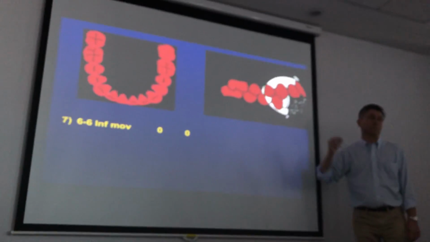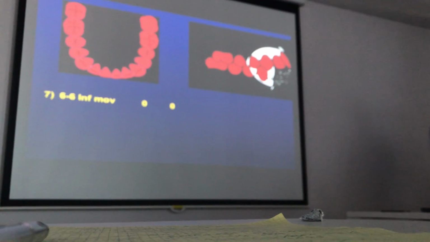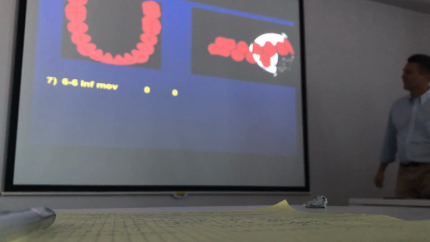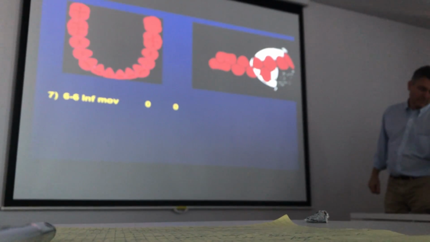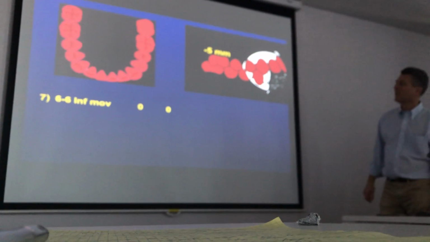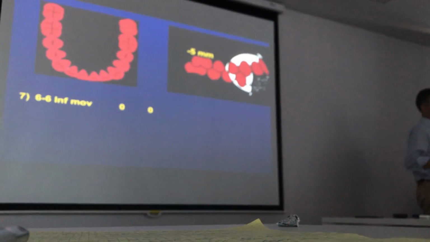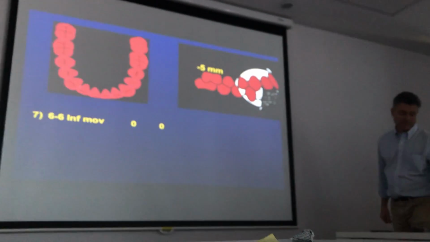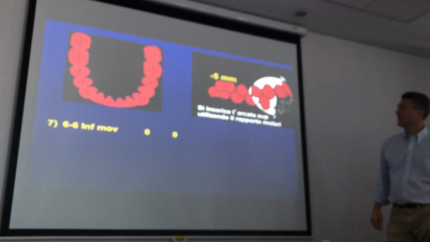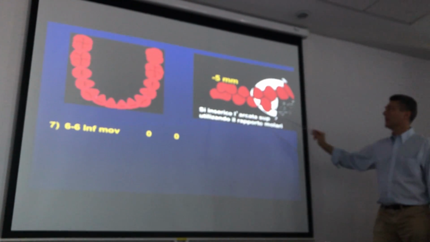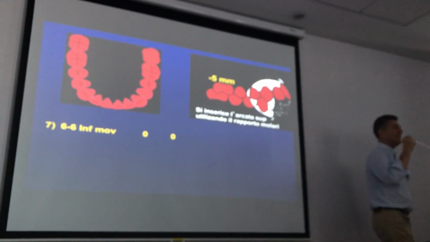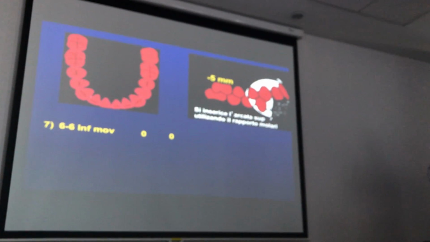Now we have a class 2. We have 5 millimeters of class 2. So we insert the upper arch at this point. The upper arch for us is indicated by the position of the upper molar.